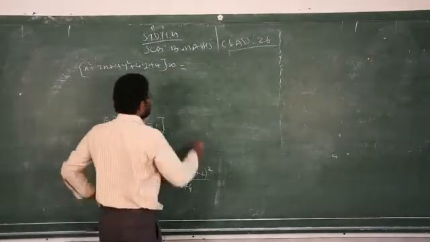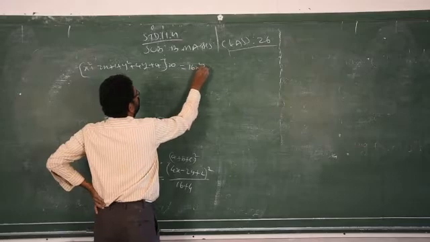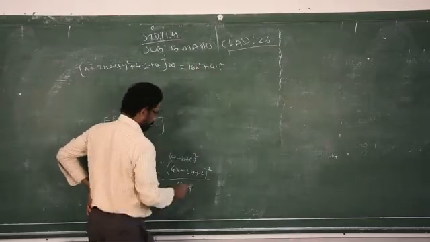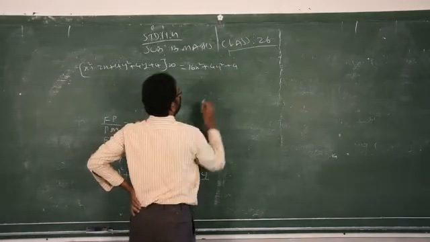Now for a plus b plus c the whole square, we have to square all the terms with the positive sign: 16x square plus 4y square plus 4.